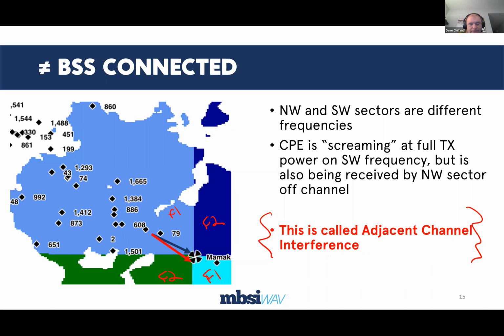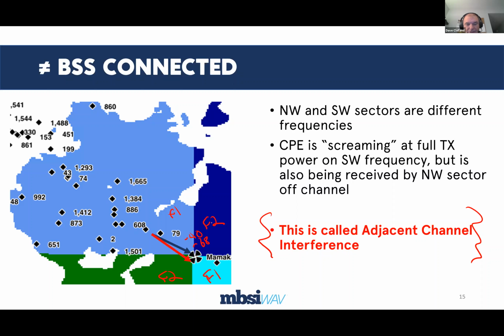Now he's going to be transmitting 20 dB higher than that. So he's actually going to be received at -40 here on the northwest sector, even though he's transmitting here. Then the sector's got 28 dB of protection. So that's only -40 minus 28, which is -68.